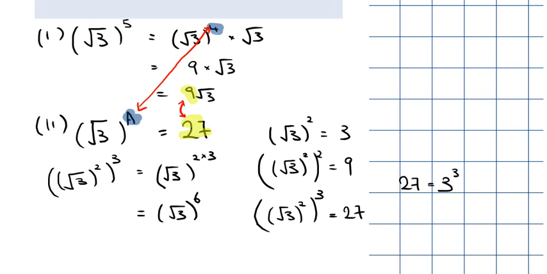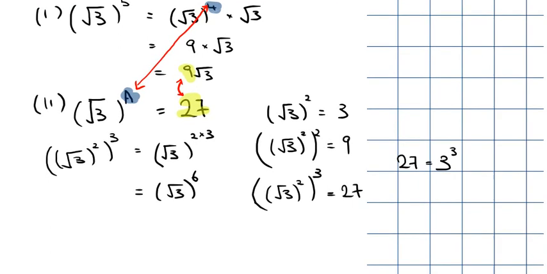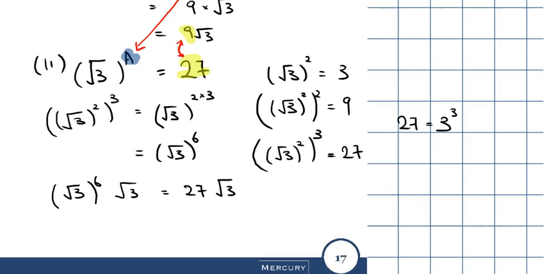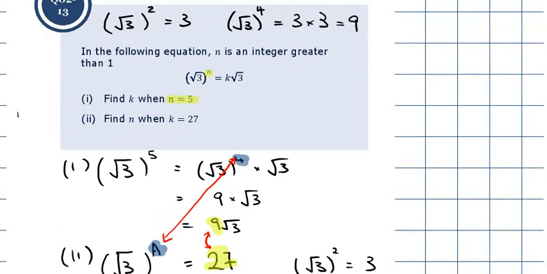So in other words, if I have square root of 3 to the power of 6 times square root of 3, that is equal to 27 square root of 3. Now let's look back again and remind ourselves, what is the question? The question is to find n.